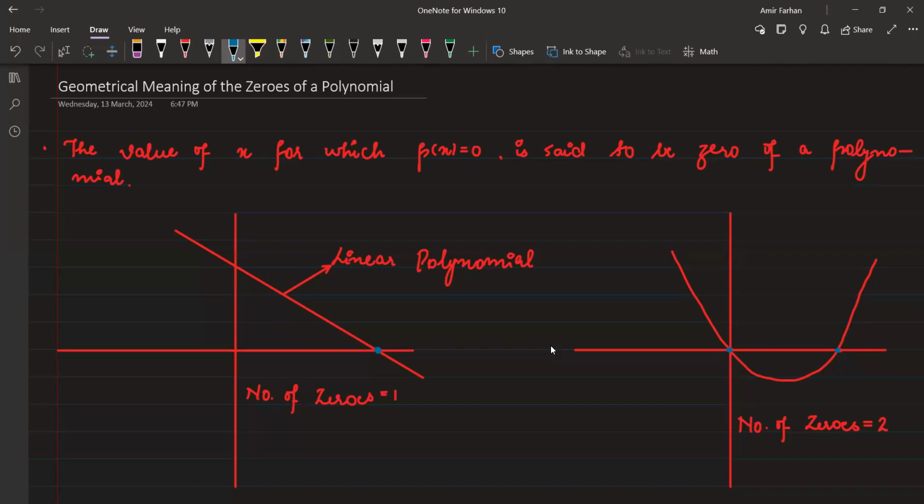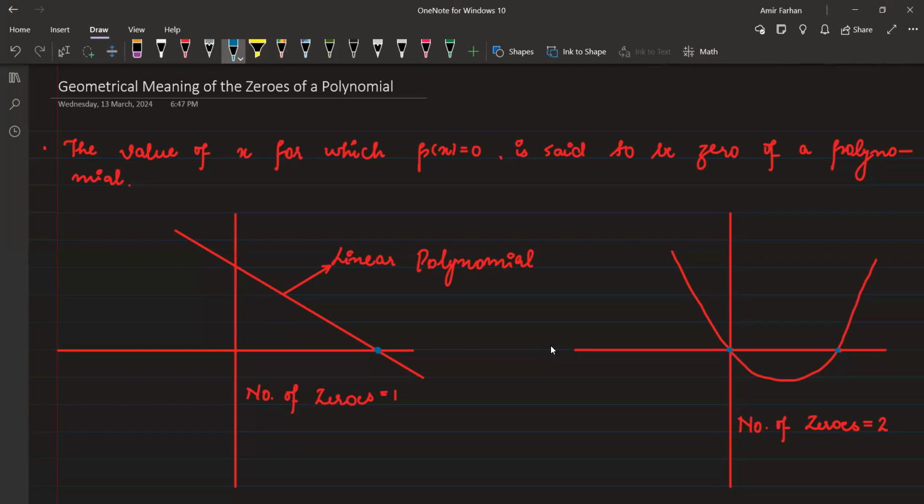If you have remembered the degree of a polynomial topic properly, you might have answered this. Sir, with the degree of that polynomial, the highest degree.